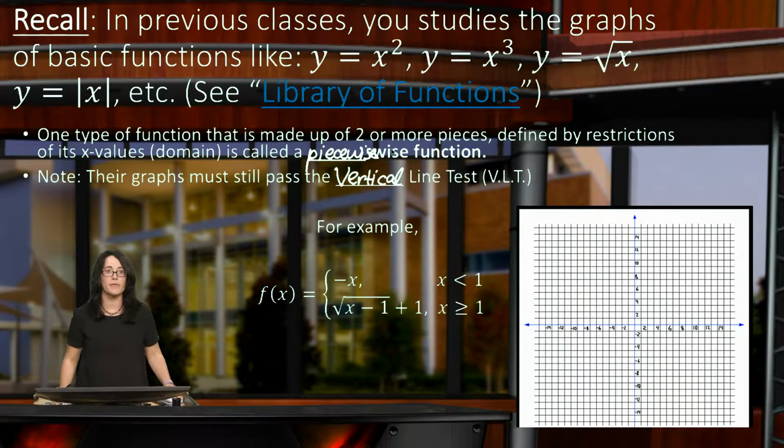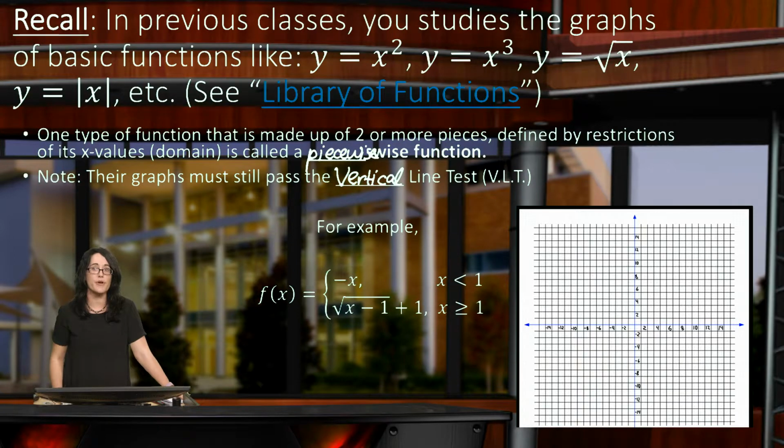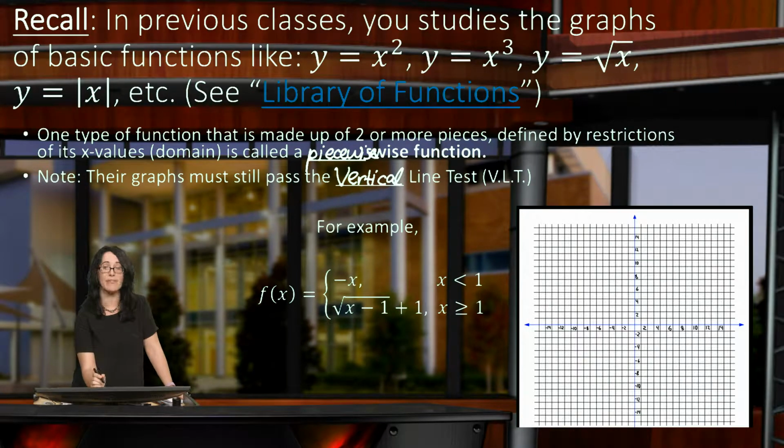So for example, let's consider the function f of x equals negative x whenever x is less than 1, and f of x equals the square root of x minus 1 plus 1 whenever x is greater than or equal to 1. So the very first thing you want to do is notice what types of graphs we're talking about. For example, in the first piece, I notice that I have a line.